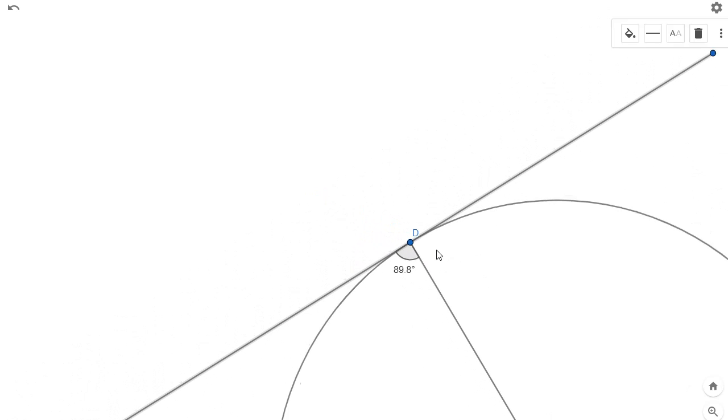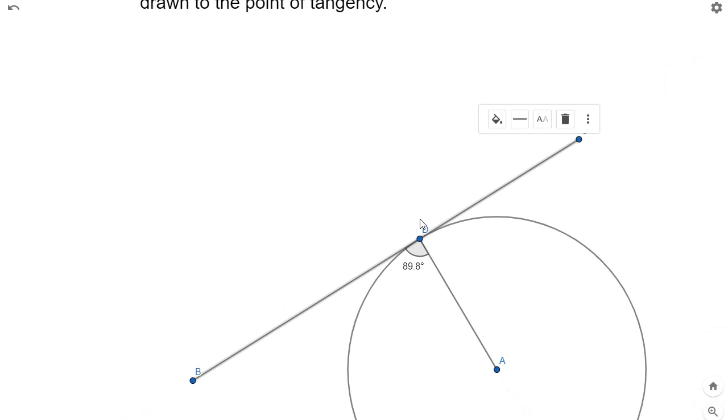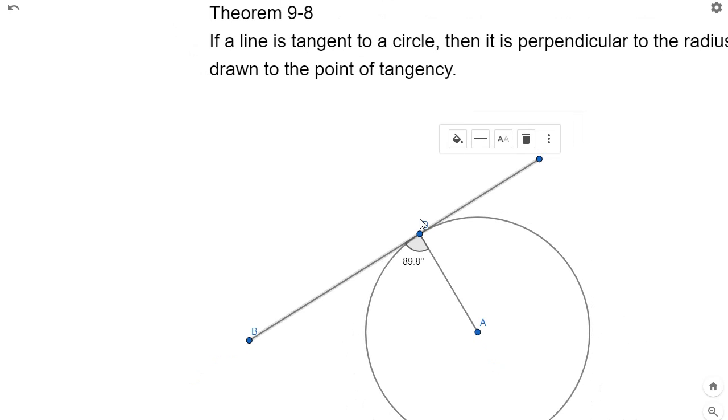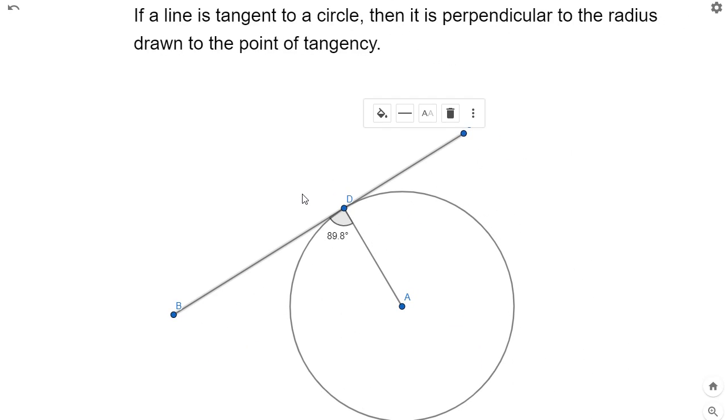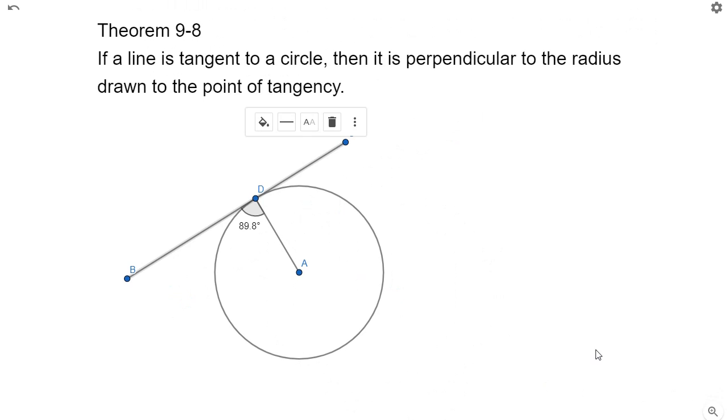Yeah, it seems like that circle is intercepted by the tangent line at 1 point. So that's why the angle between that tangent line and my radius is very close to 90 degrees.